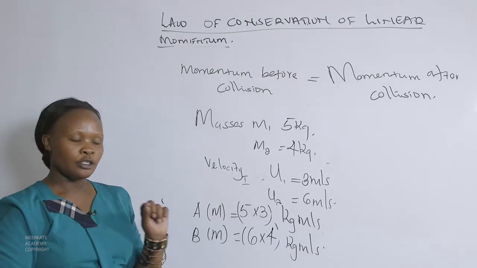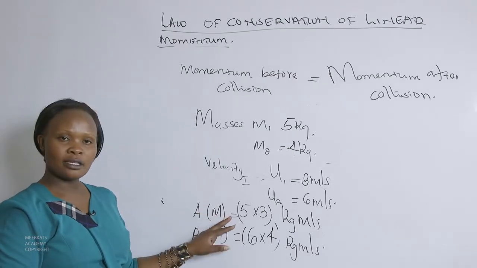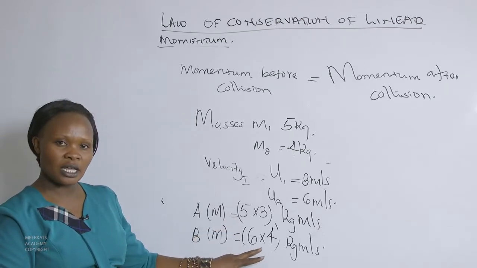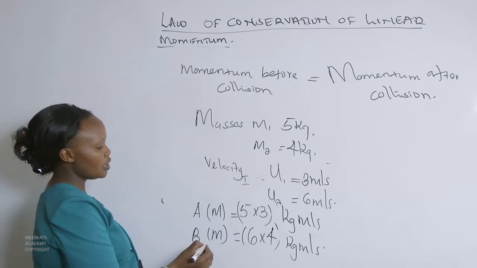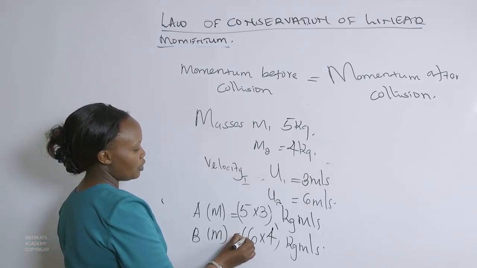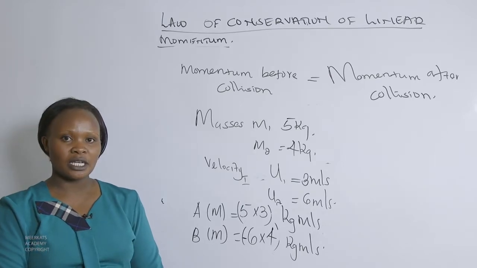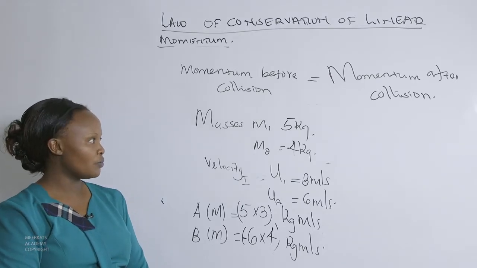But again, you note that A is moving in a direction that is opposite to the other one. So we could also take our body B to have a negative momentum for us to take care of the direction.